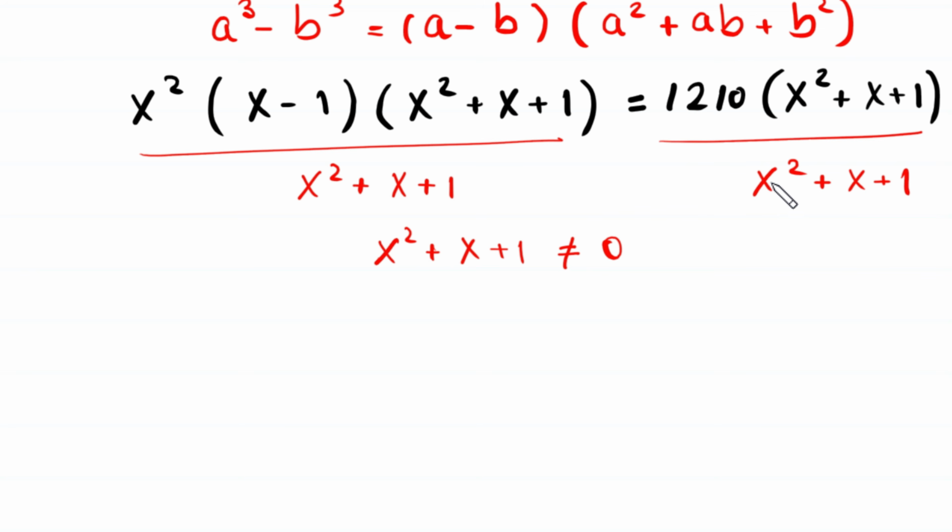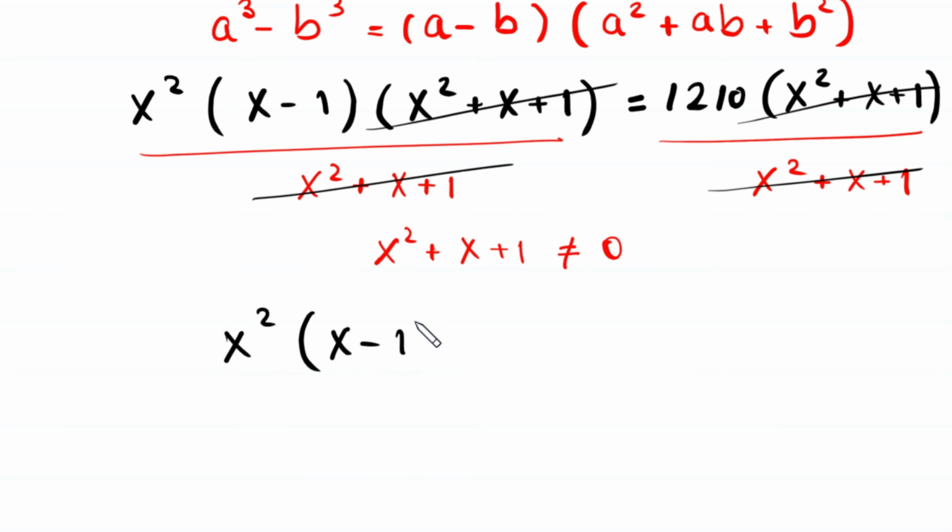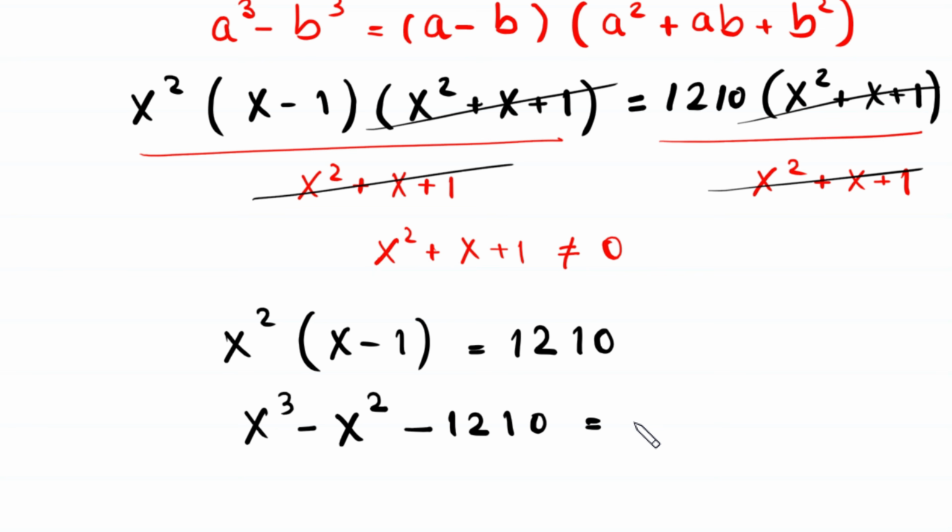So this x^2 + x + 1 will be cancelled out with this x^2 + x + 1, and the equation will become x^2 times (x - 1) = 1210. Distribute this x^2, this will become x^3 - x^2. Move this 1210 to the left hand side, this will become negative 1210 equal to 0.